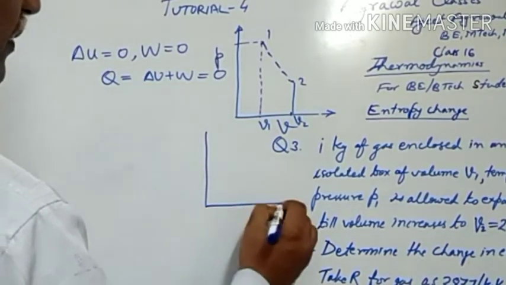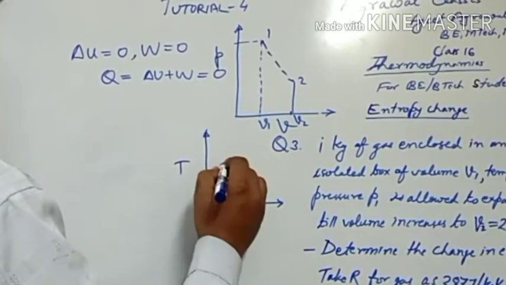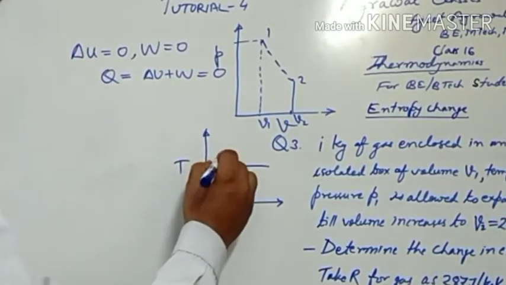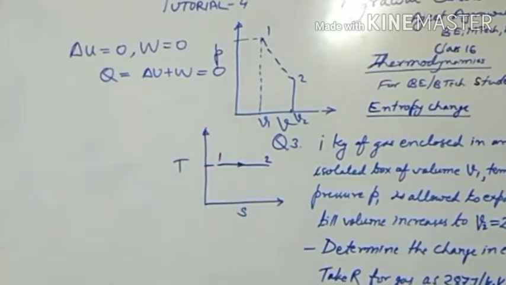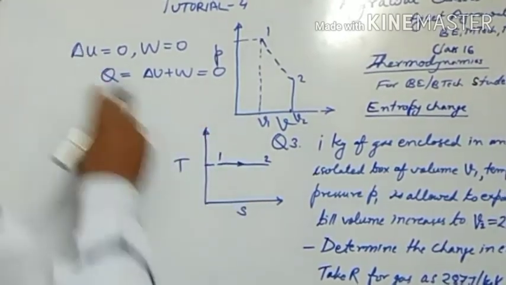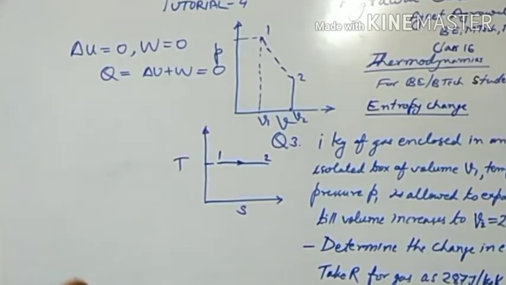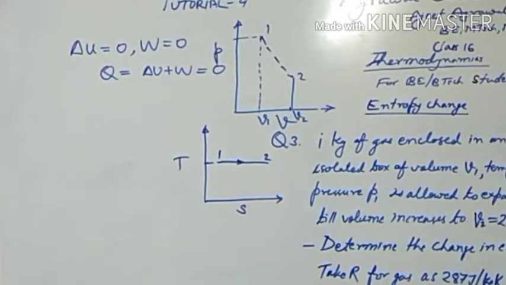That process we can represent on the TS diagram as this process 1 to 2, an isothermal process, where the temperature is constant, and the change in internal energy in this case is also 0. Now we will find the work done, and that work done will eventually equal the heat supplied. So we will find the change in entropy.